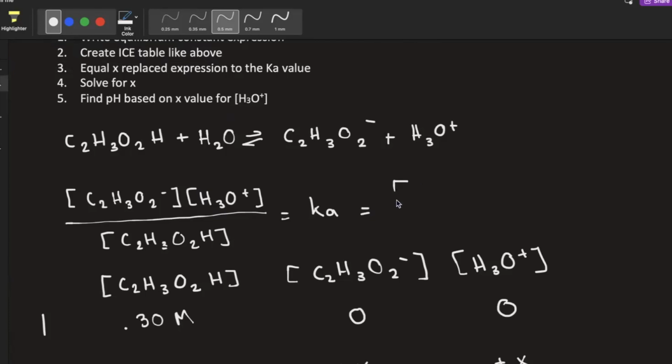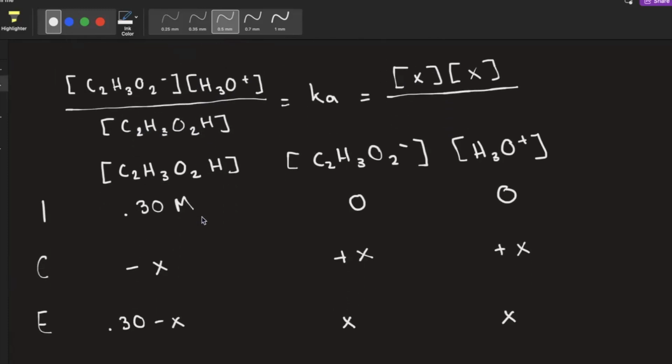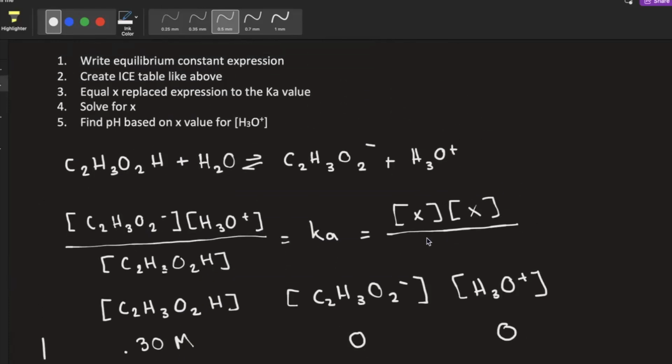So we know that x is the concentration of C2H3O2 minus, and that x is also the concentration for H3O plus. However, for the concentration of C2H3O2H, or acetic acid, we find that it is 0.3 minus x. So we're going to go ahead and write that down as well.